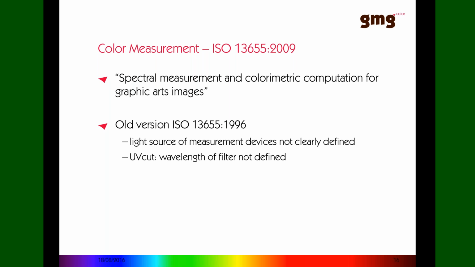And one other issue was that there was defined a UV cut, how to measure with UV cut, so without UV content in your light source. But the wavelength of the UV cut filter was also not clearly defined. So it wasn't defined if it should cut up to 420 nanometers, for example, or up to 400 nanometers or something like that.